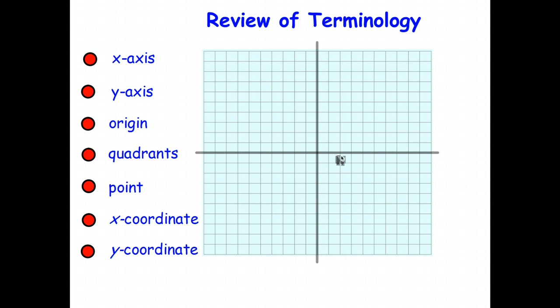And largely what that's used for is to name a position on this particular plane. So for example, there's a point on the plane just there, and we want to give a name for that, some way of identifying that particular point compared to all the other points that are on the number plane.